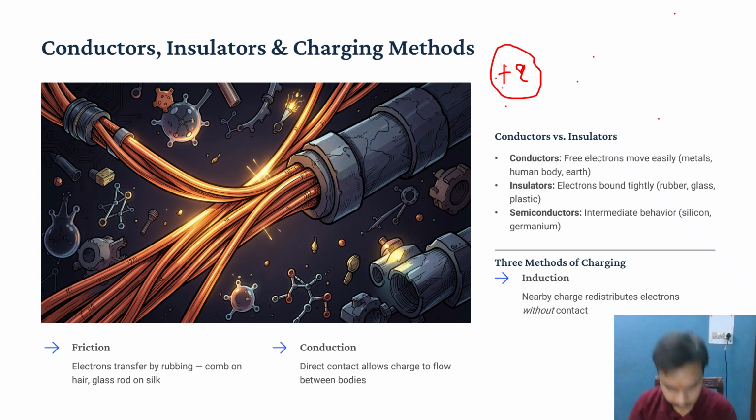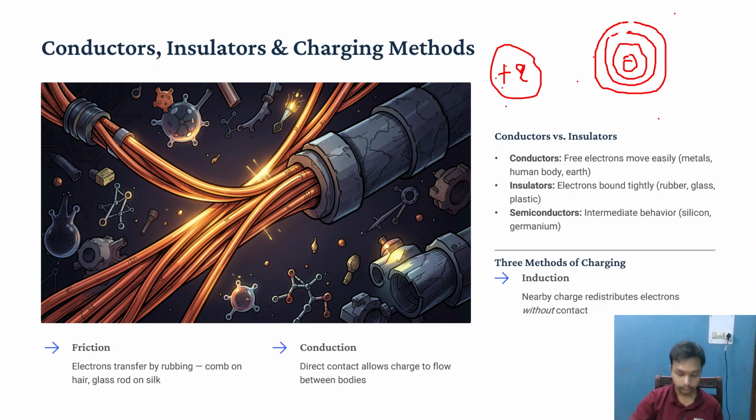Now let me make a figure, just allow me a moment. This is the nucleus, and this is the electron cloud.